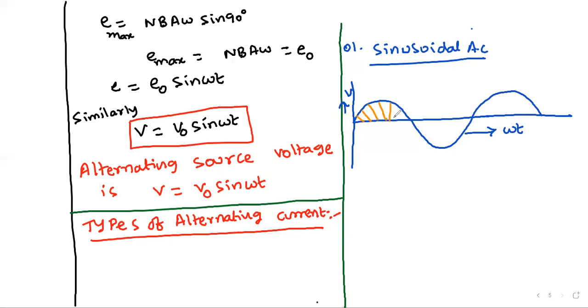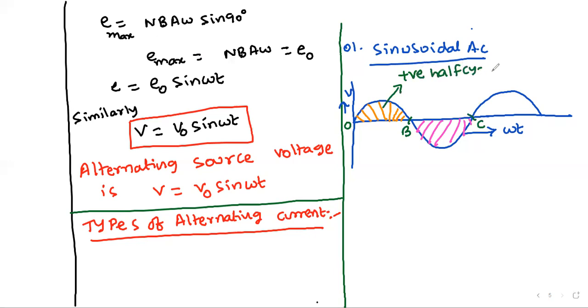You can see I am shading the part. Let us consider this is O, this point is B, and this point is C. In OB, voltage is along the positive y-axis. So OB, from O to B, can be called the positive half cycle.